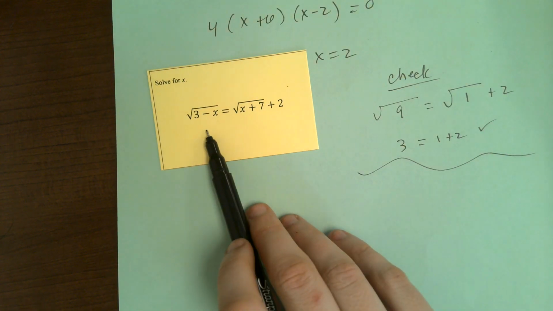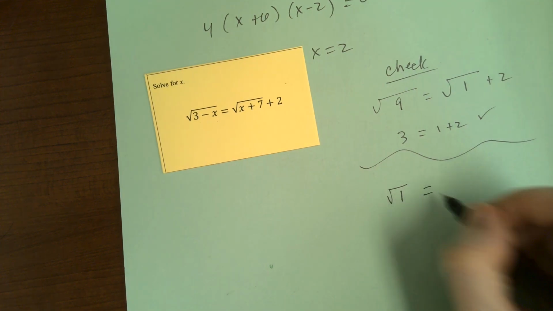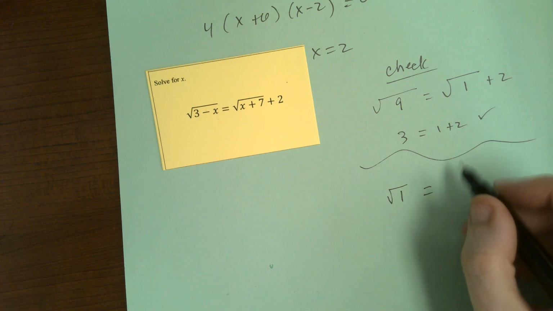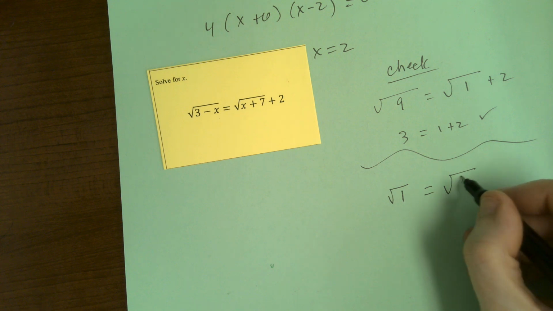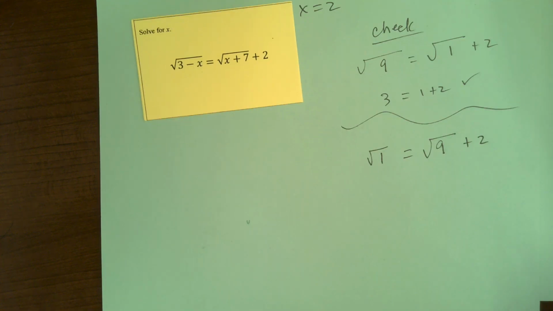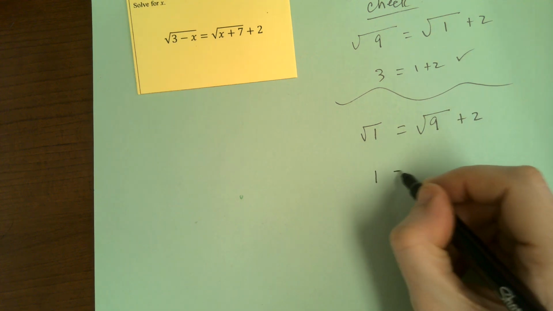Now I'm going to plug in the 2. So I'm plugging 2 into the first one, and I'm getting the square root of 1. I'm plugging 2 into the second one, and I'm getting 9. Square root of 9 plus 2. Guys, you can kind of already see this is not going to work. Square root of 1 is 1.